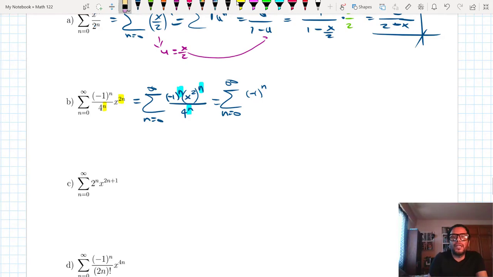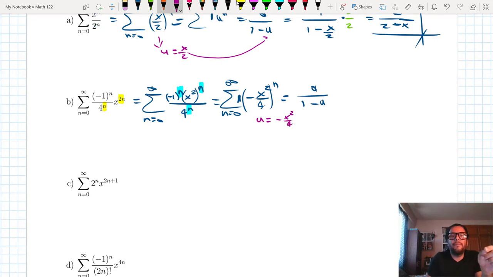So we can just write everything inside of a big parenthesis, negative x squared over 4, to the n, in which this is our invisible one, our a, and then 1 minus u, whereas u equals negative x squared over 4.